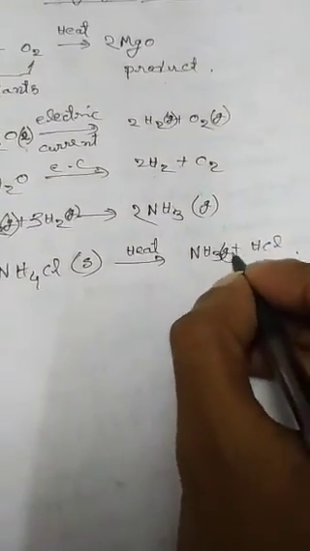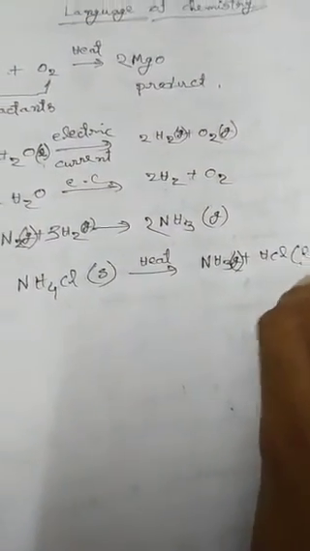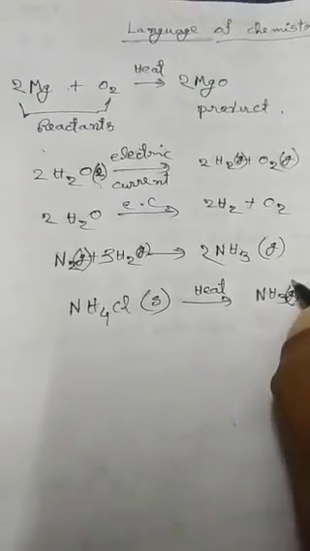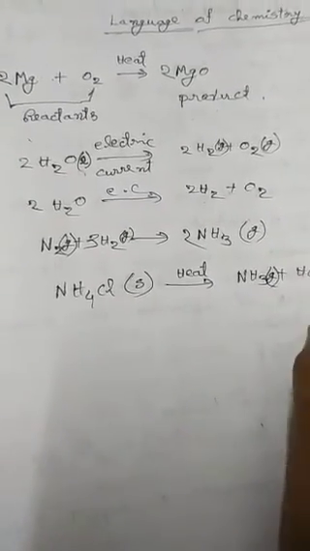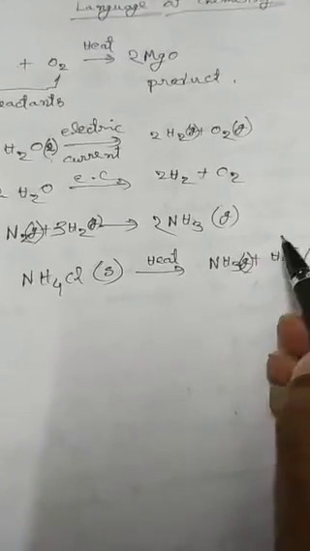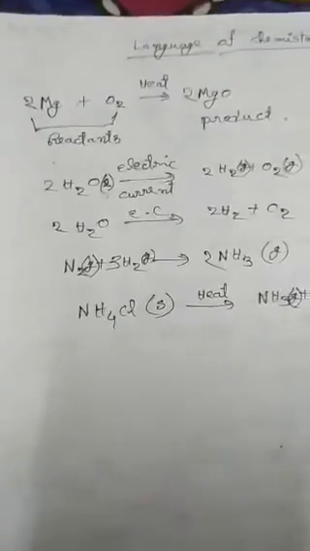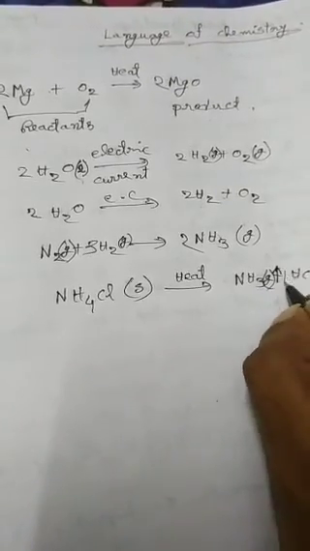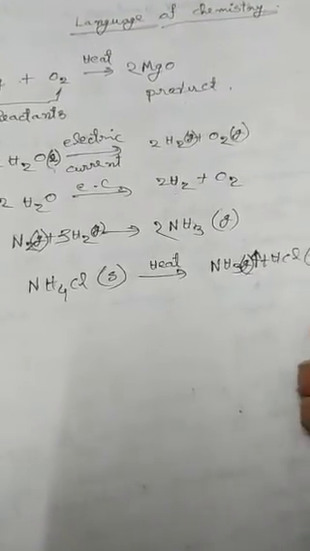This ammonia is a gas and HCl is a liquid. So in this case, gas is formed by this reaction. We can see that ammonia will leave out from the pot. In this manner we can say that a chemical reaction is occurring.